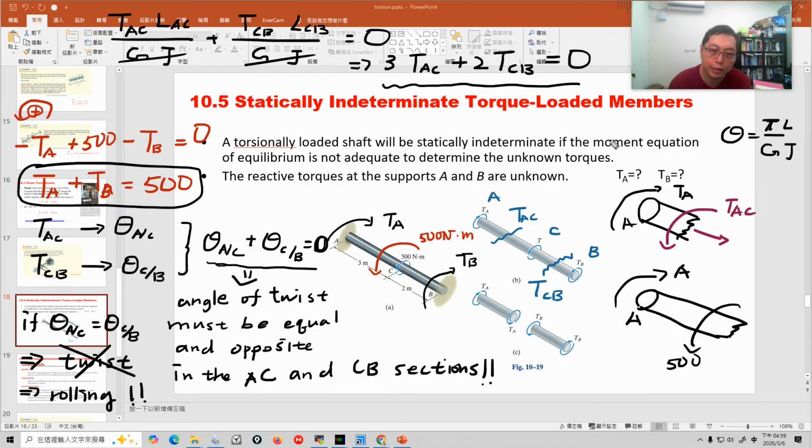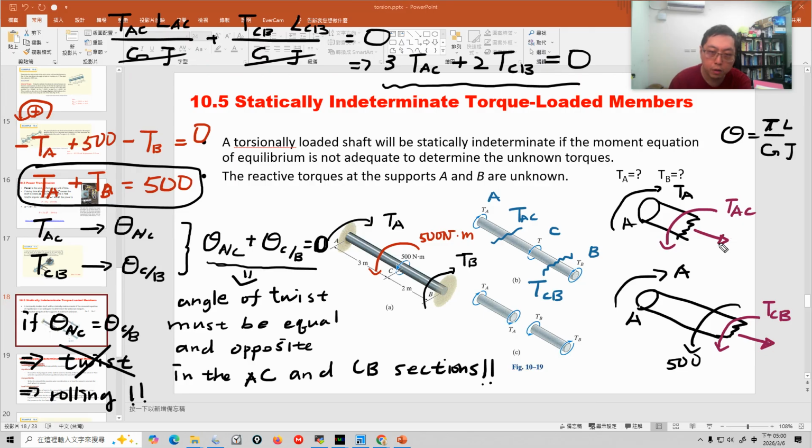The TAC rotates in this direction, and your thumb direction is outward to the surface. At this section we will have the TCB. For TCB you also assume it is rotating in this direction, and the right-hand rule tells you your thumb direction points outward to the surface.